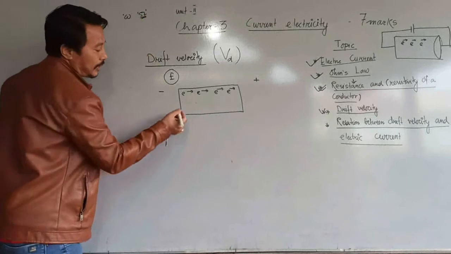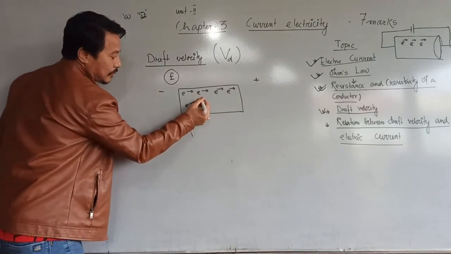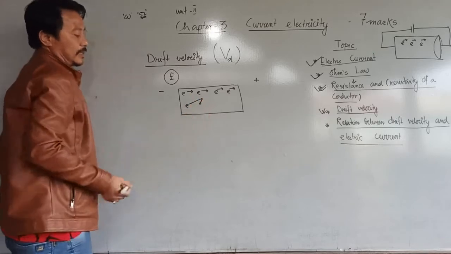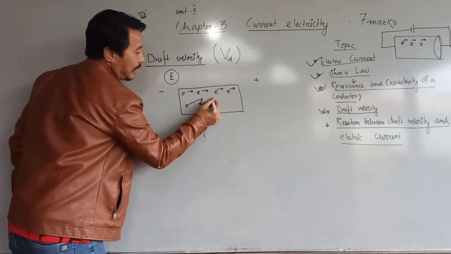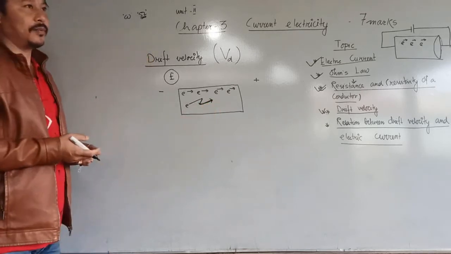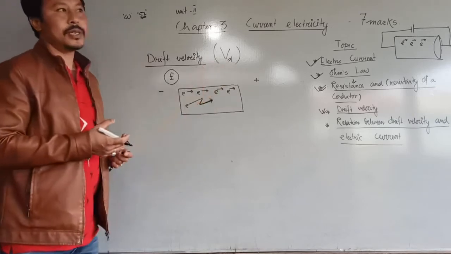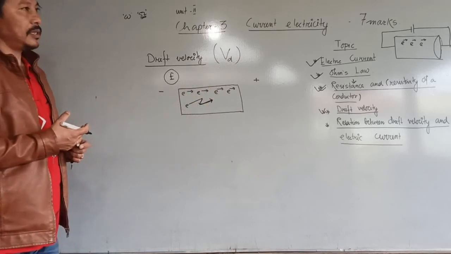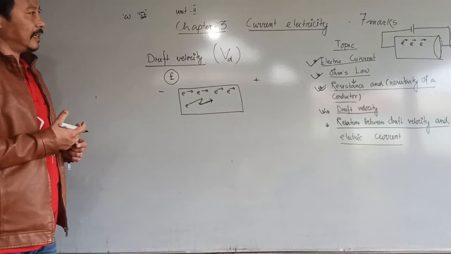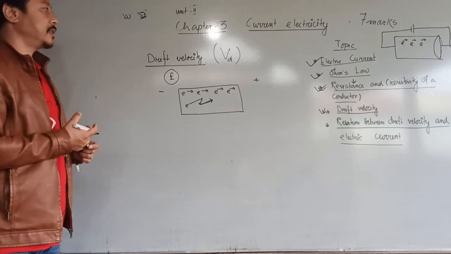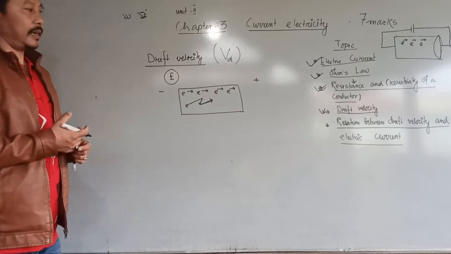And the electrons are negative. Another electron collides and moves, and the electrons move towards the positive terminal with a velocity, which is called drift velocity. Drift velocity is defined as the velocity by which an electron is drifted towards the positive terminal.